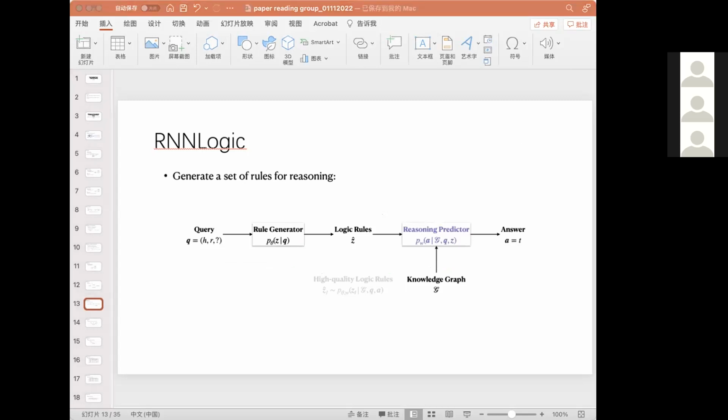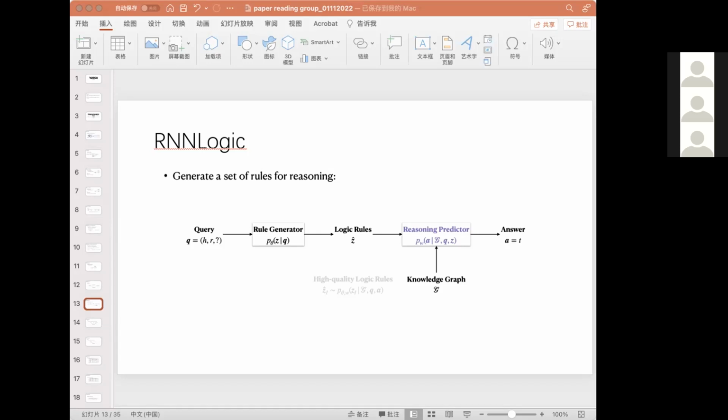So first of all, the EM, we will introduce this EM algorithm by first introducing the E-step. In the E-step, the idea is that we would like to optimize the reasoning predictor.